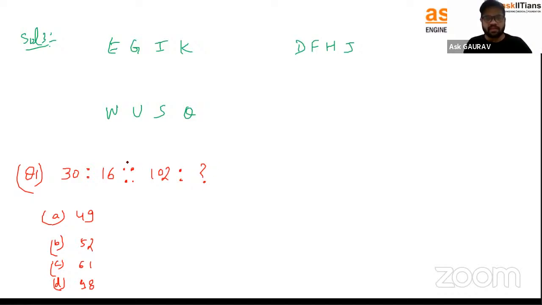Yes, guys, what is the answer? What is the relation between 30 and 16, and the same for 102? Identify the pattern.